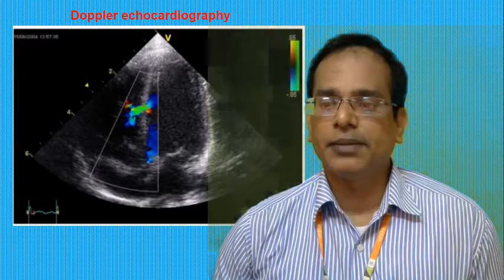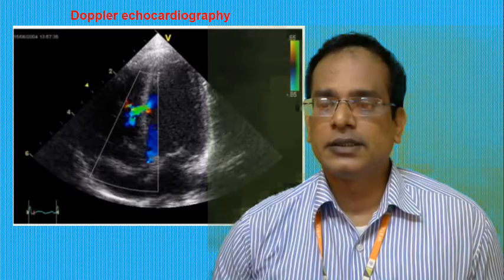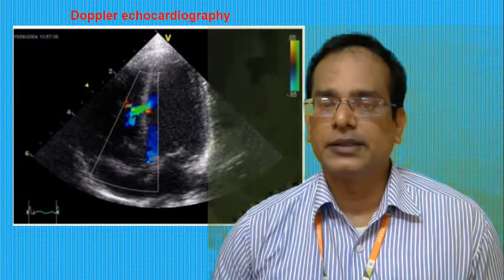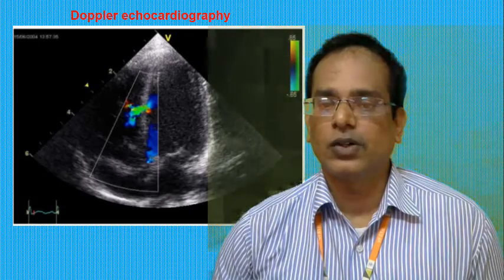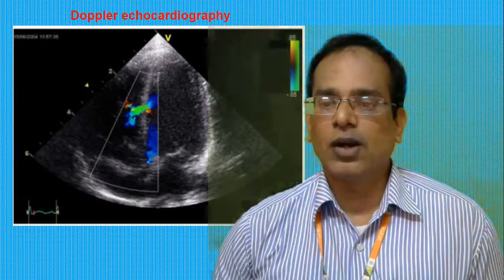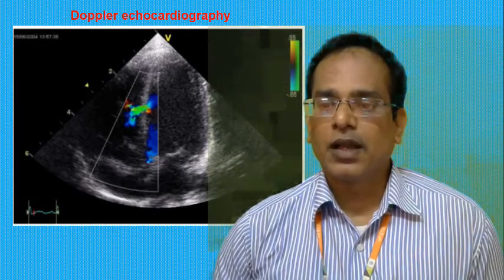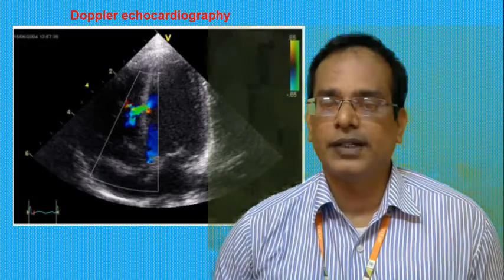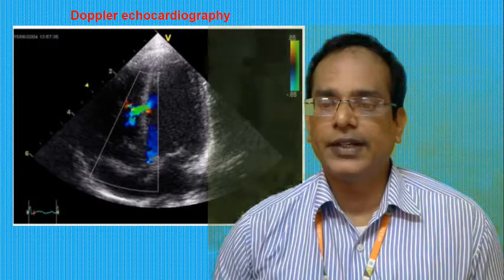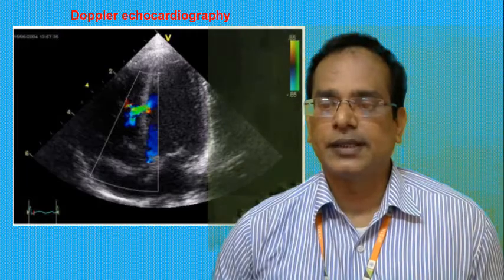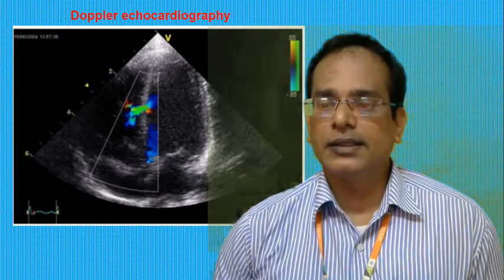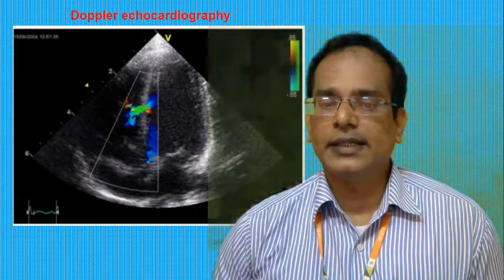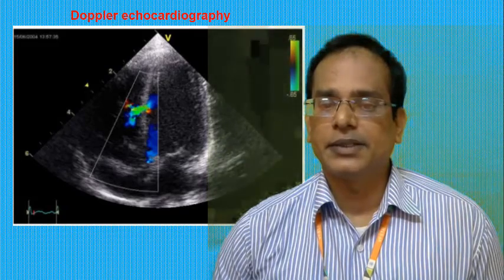The method can also measure tissue velocity by tissue Doppler echocardiography. The combination of flow and tissue velocities can be used for estimating left ventricular filling pressures, although only under certain conditions.